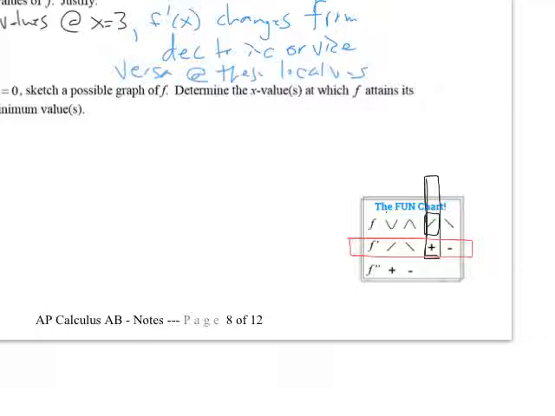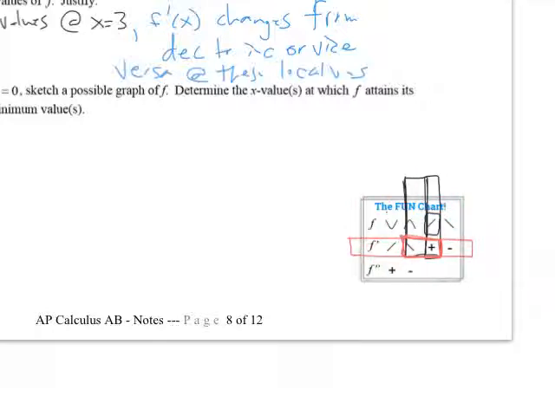So if I want to know where a function is increasing and concave down, we're going to look for spots where the first derivative is positive and decreasing. So we can use this fun chart to help organize our thoughts.